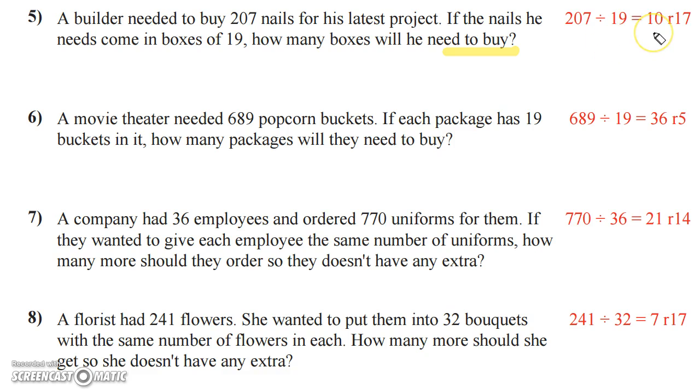So I'm going to bump it up, even though I've got some left over. It's a bump up, so I'll have enough. And that is what we call quotient plus 1. So you're taking this quotient and you're bumping it up. So the answer is going to be 11.